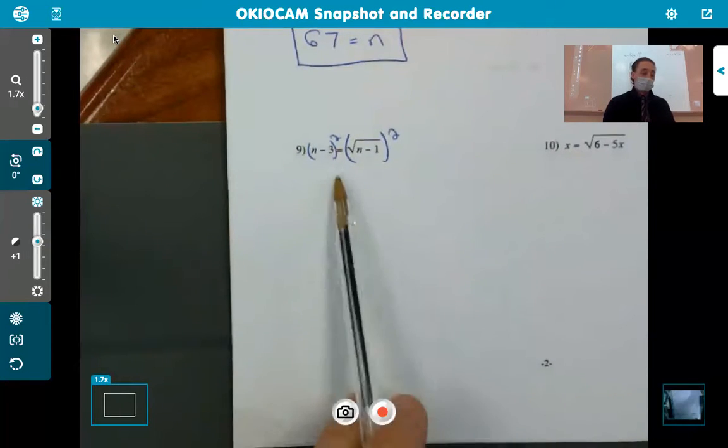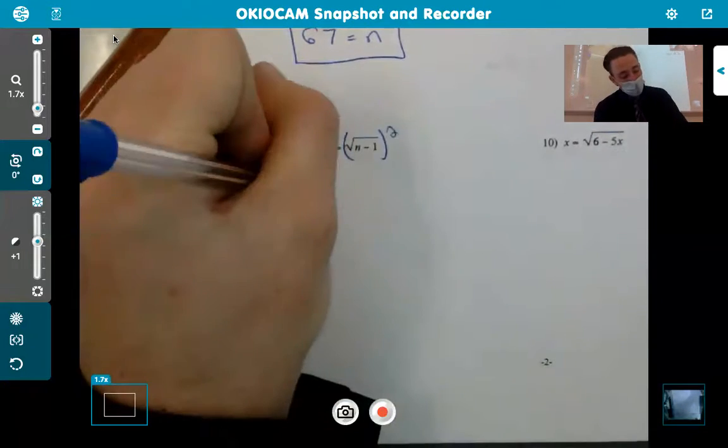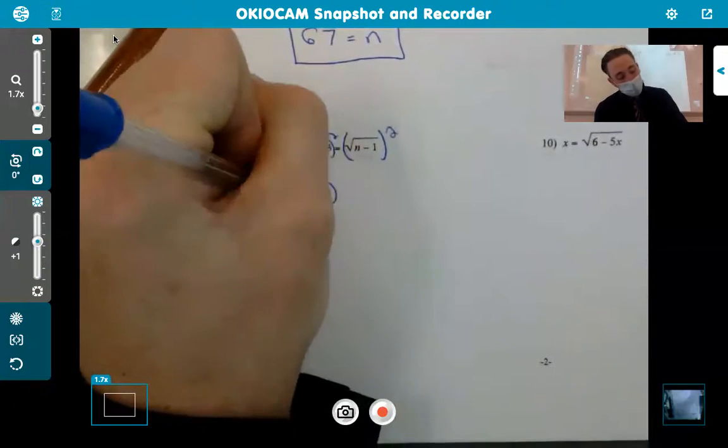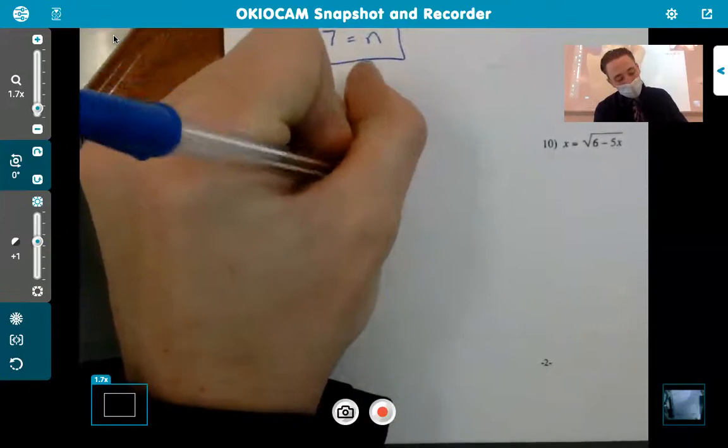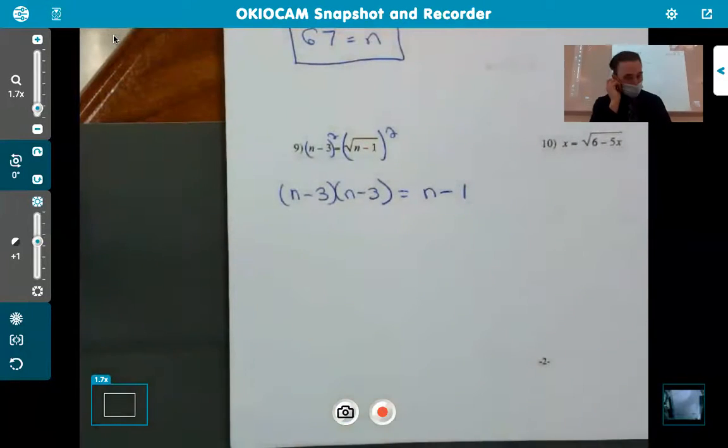So not just one of my terms, but the whole thing. Okay. So I have n minus 3 times n minus 3 on the left-hand side, n minus 1 left over on the right-hand side. All right. And all I did was expand that from n minus 3 squared to multiplying it together by itself.